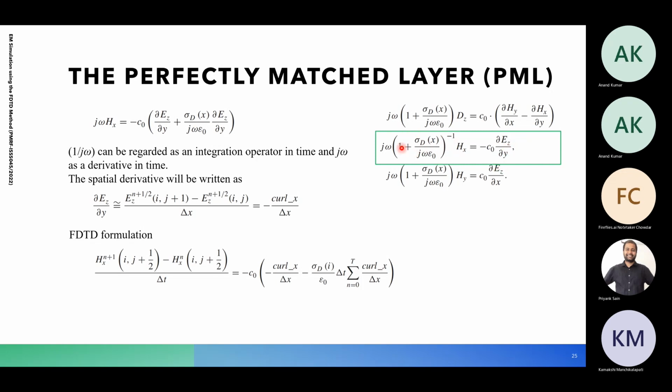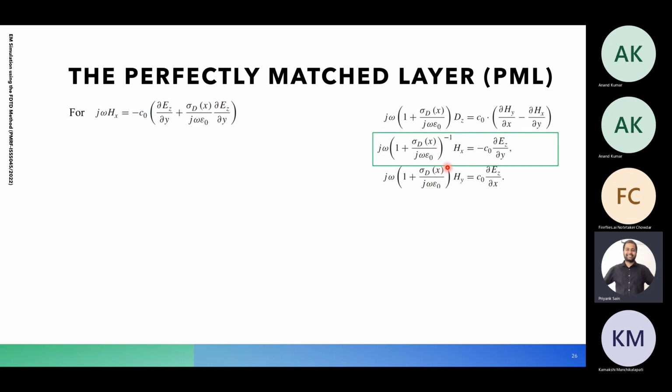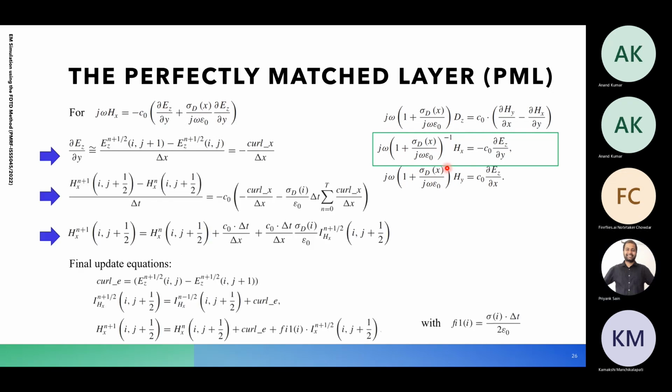That is clear, right? Up to this part is clear. The next slide. Where you are, yes. Okay. So how is this integration term of Hx coming, and from where are you getting the c naught delta t by delta x term?